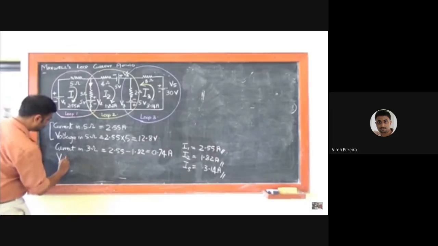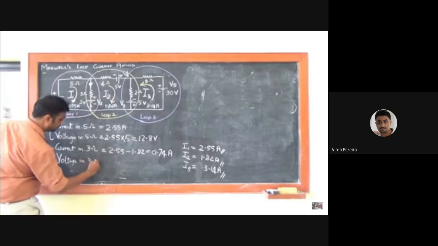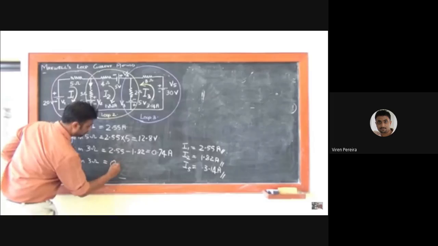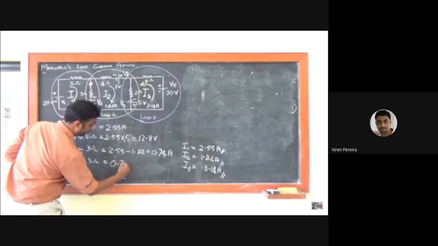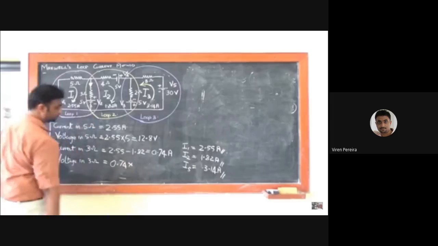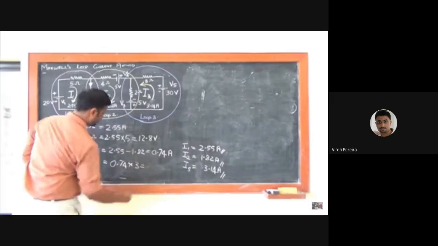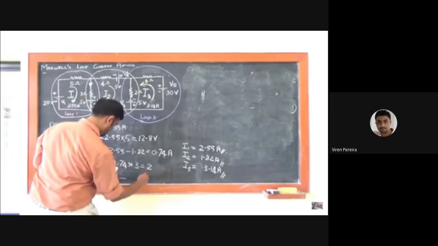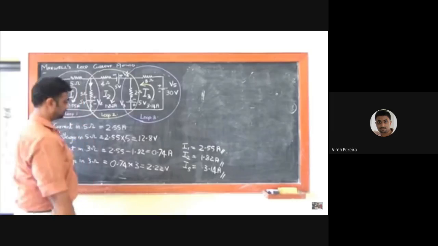So the voltage in the 3 ohms resistor will be V equals I into R. So I is 0.74 into my resistor value. So 0.74 into 3, which will give us 2.22 volts.